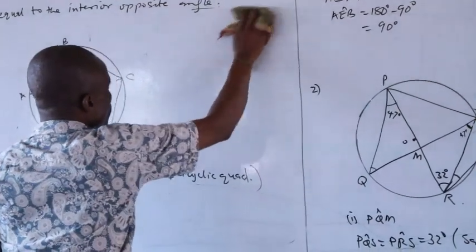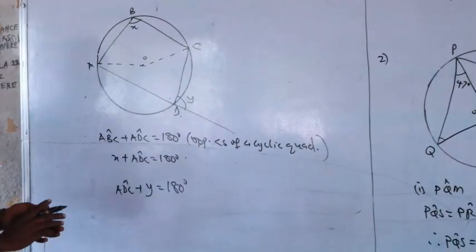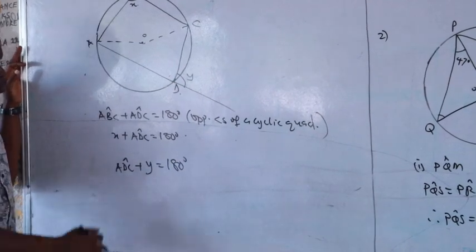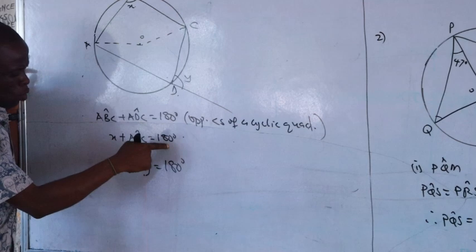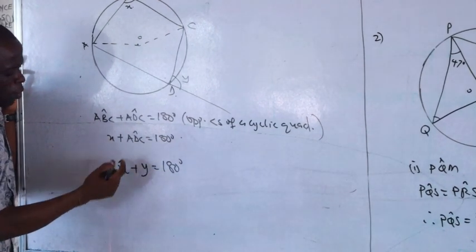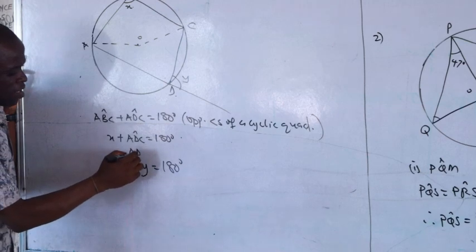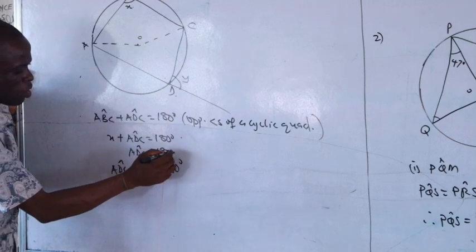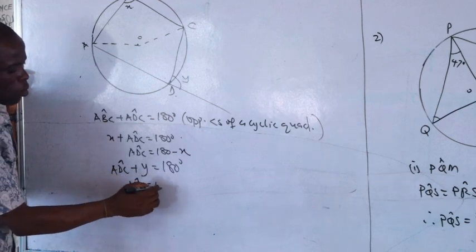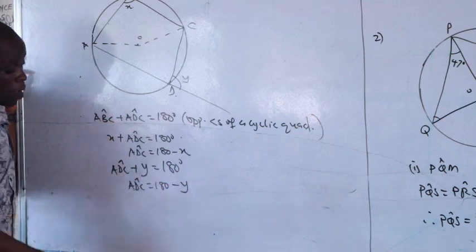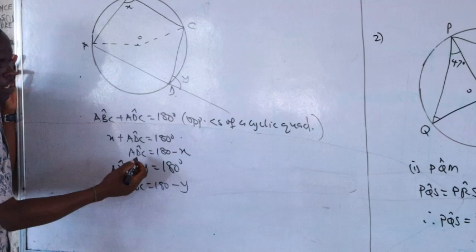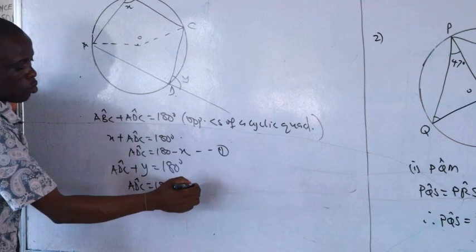So from here, what I'm trying to prove is that X is equal to Y. So we have X plus ADC equals 180. Let me make ADC the subject of the formula. From here, ADC is equal to 180 minus X, and from here too, ADC is equal to 180 minus Y. Let me say equation 1, equation 2.